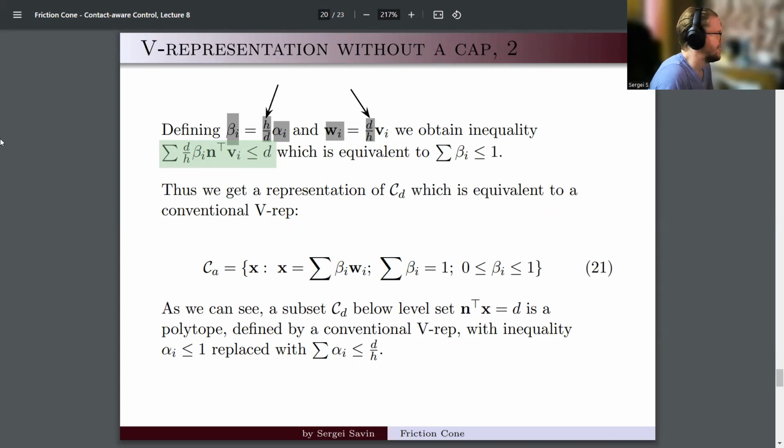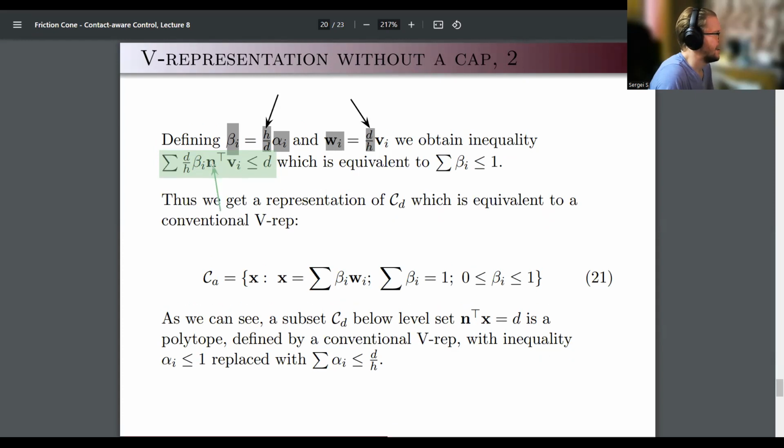But now we can see something interesting going on. n times V is equal to h, so h divided by h is equal to 1. So we get rid of this part and we get rid of this part.